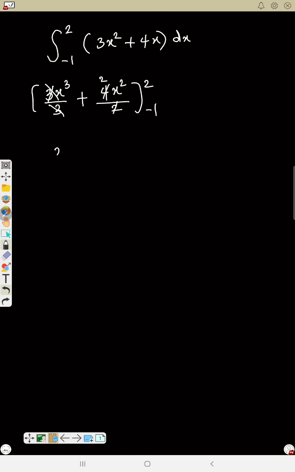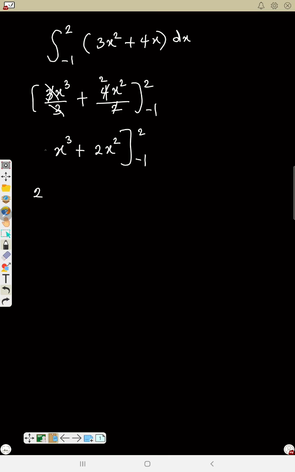So what will I have left? s raised to power 3 plus 2s raised to power 2. Then 2 to minus 1, like that. Now, how can you remove the 2 and minus 1? Anywhere you see s, put 2 first.